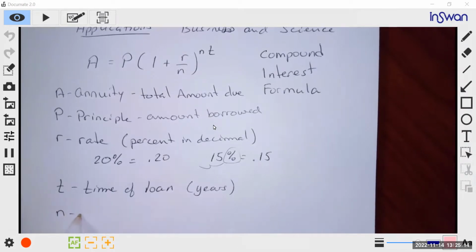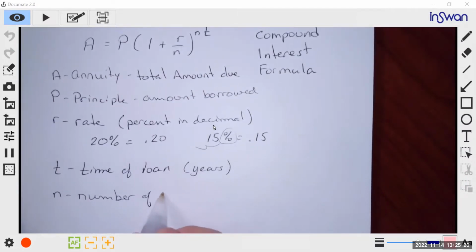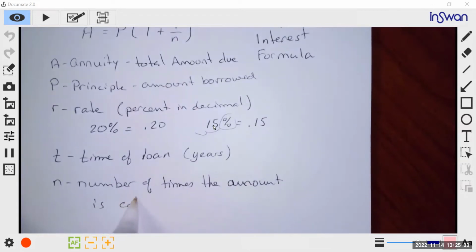And N is the number of times the amount is calculated.